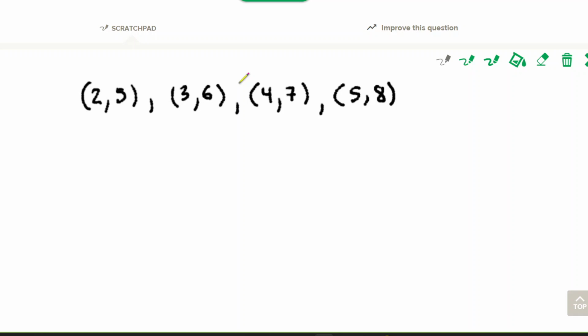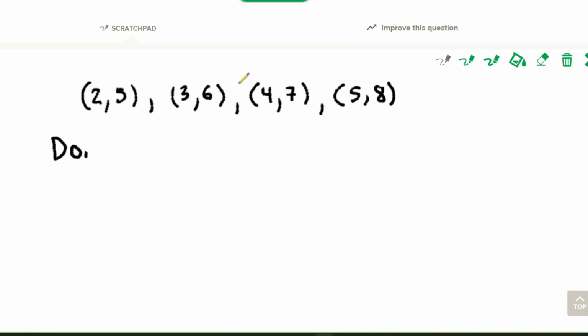Right. Now, before we get into the domain and range here, well, I'll get to it now actually. A set of ordered pairs, a collection of ordered pairs like this, is sometimes referred to as a relation, R-E-L-A-T-I-O-N.